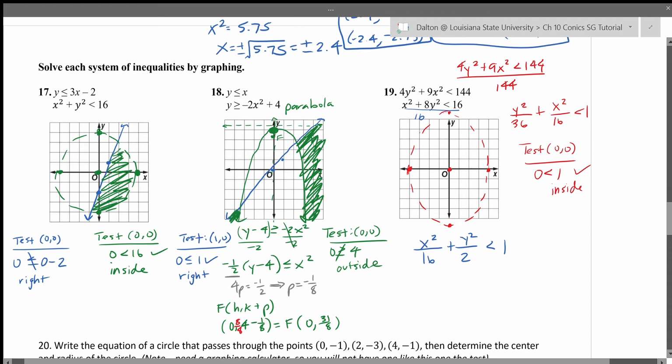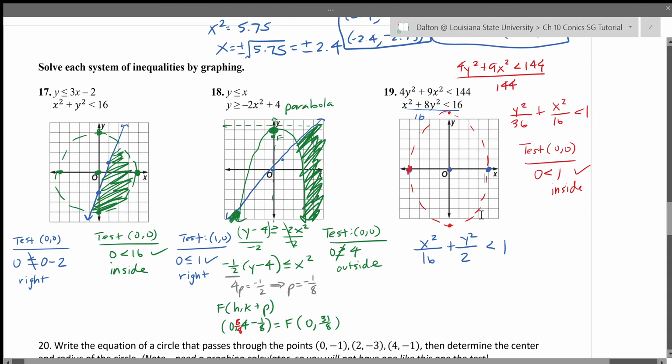So when I graph this ellipse in the x direction, again, its center point's also 0, 0. There's no h and k movement. Over 16 in the x direction, I'm going to go 4 and 4, which means it's going to overlap to the left and to the right. In the y direction, b squared is 2. So the square root of 2 is like 1 point something.